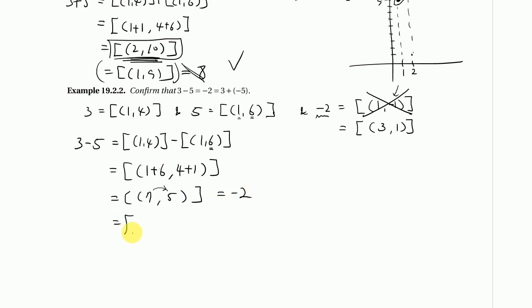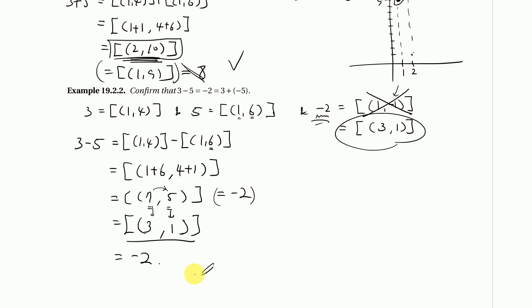But if you really want the simplest representation, look here: which one is the smaller one? 5, right? Then change that one to 1. How much do we subtract? I subtract 4 from there, then it's going to be 3, right? And that is what we have over here. So it's clearer that we can claim that is negative 2, right? It doesn't matter, but maybe this is a better explanation for your students.